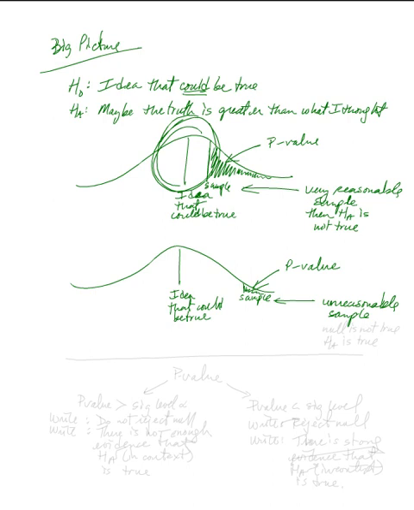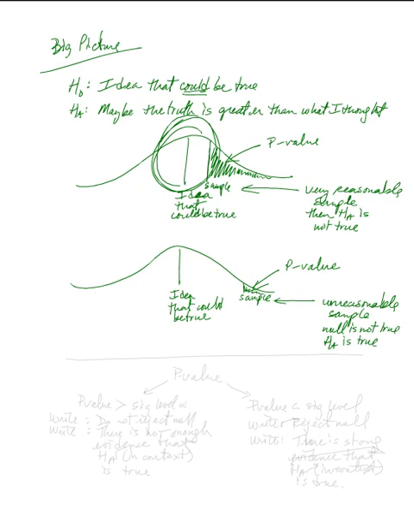So in this case, I would reject the null and I would say that the alternative is true. Okay, that's the big idea. Is your sample reasonable or is it unreasonable relative to your idea?